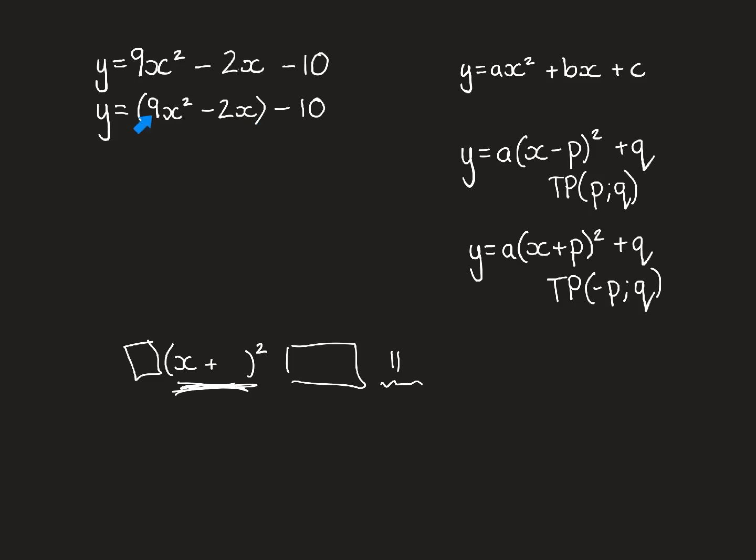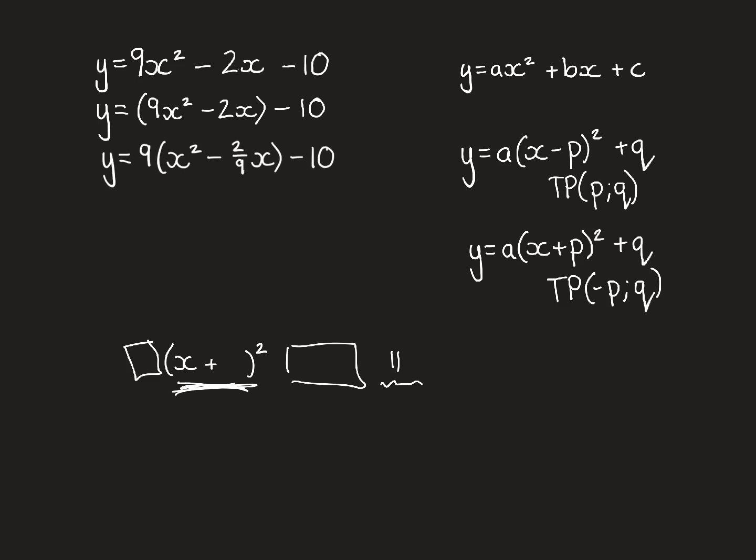My problem though is that I've got 9x squared minus 2x and I don't want that 9. That 9 is horrible. So I'm going to take out 9 as a factor. It does leave me with something that's quite ugly, but not unmanageable. So now I've got 9 times x squared minus 2 over 9x, minus 10.